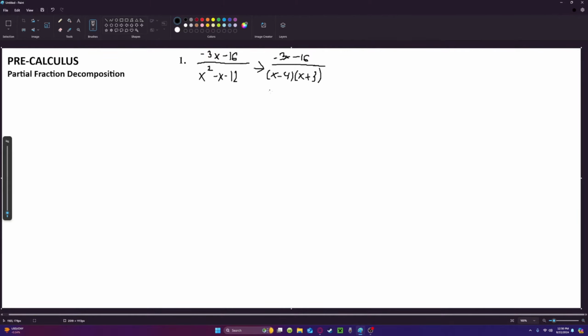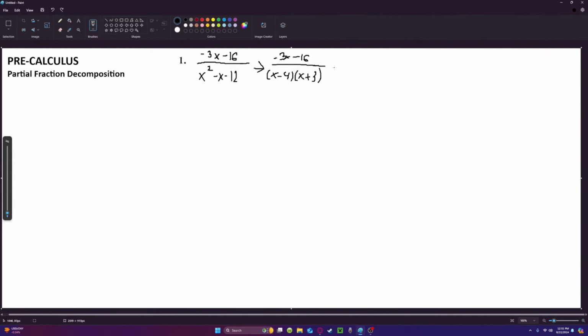So now that we have this factored denominator, when we do partial fraction decomposition, what we want is to have two fractions adding to each other. Once you factor this out, you're going to notice that you have two main bodies, right? You have the x minus 4 and the x plus 3.